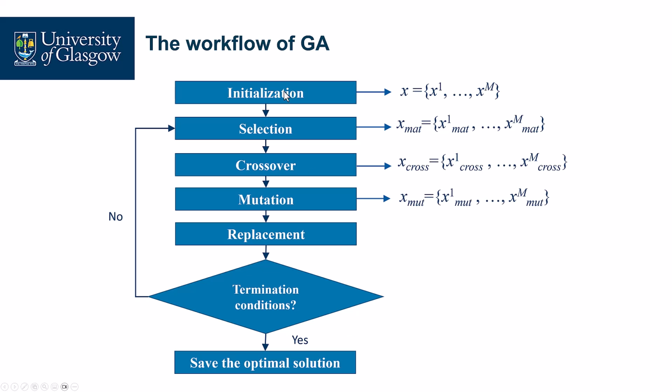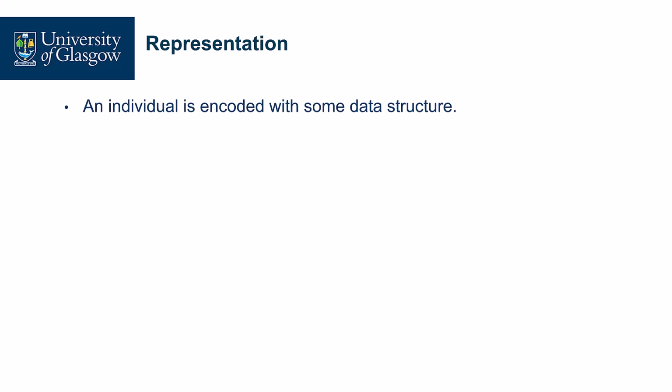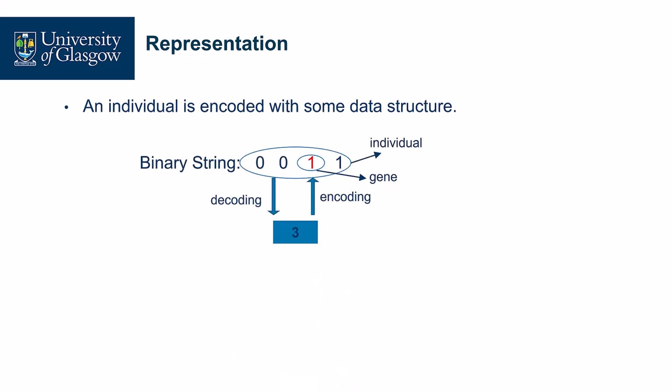Okay, so the first thing to talk about is the initialization. For initialization, the first question to ask is how to represent the data, the candidate solutions. Normally an individual is encoded with some data structure, and there are different kinds of them. In the last example, we used a binary string. You can see this is a binary string of 3.